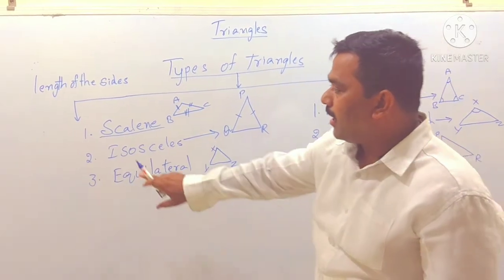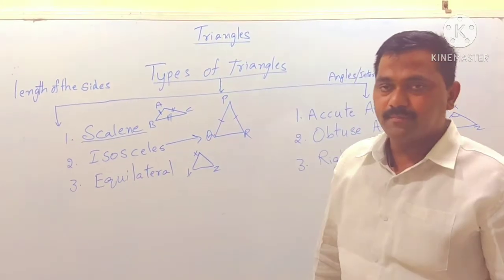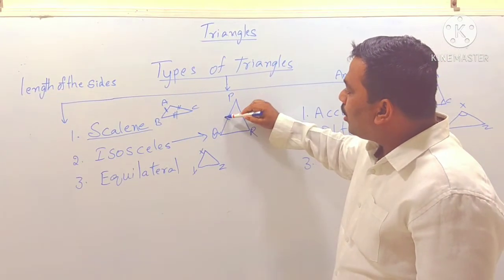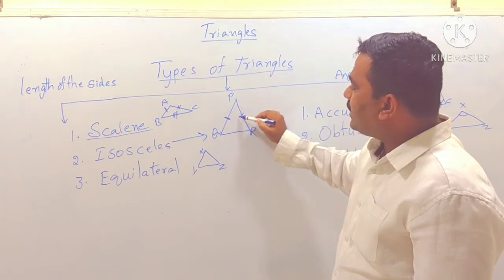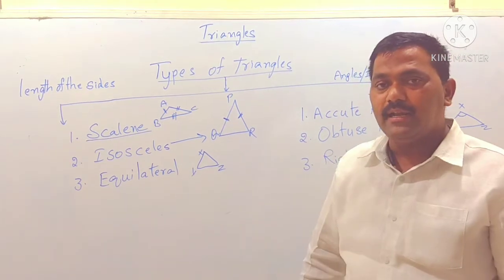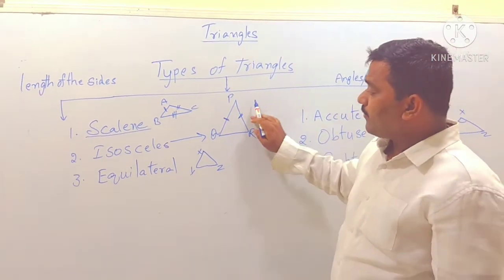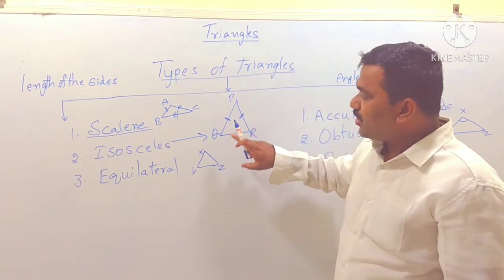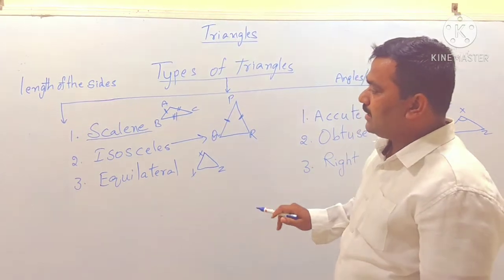Next, coming to the isosceles triangle. In this triangle, any two sides of the triangle are equal and the third side is different. So we can call it isosceles.